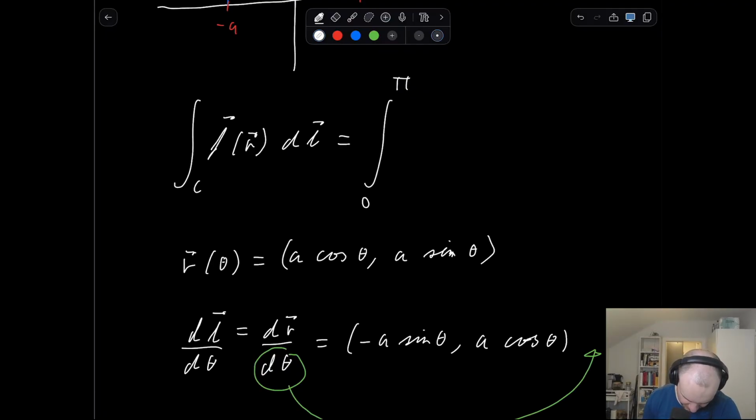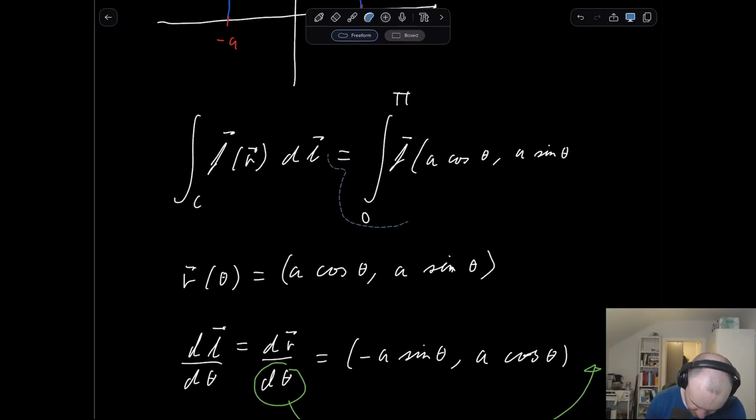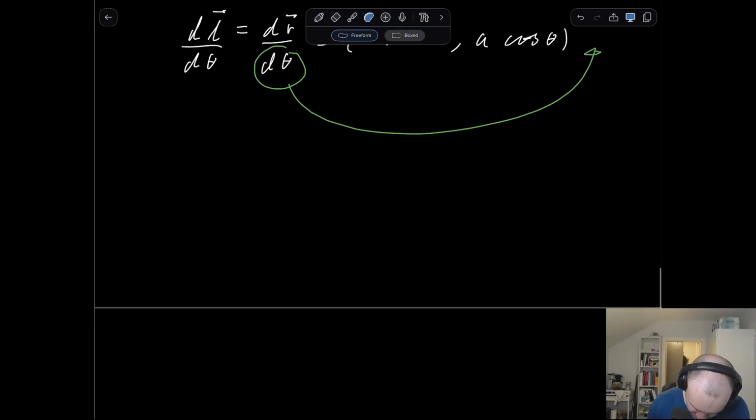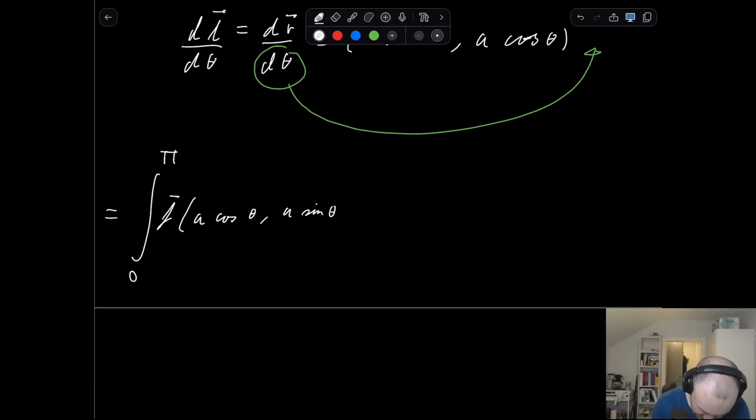And then we have f in terms of r, which means that we have to plug in a cosine theta, a sine theta. Oh, I'm not going to fit that. I can move this guy below. That was a little bit too much. Yeah, so I move this guy here.